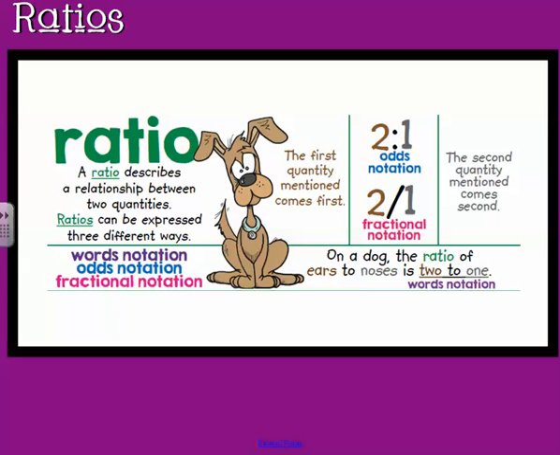This is called odds notation. As fractional notation, I would write 2 over 1. And in words, I would write out the words 2 to 1, T-W-O, T-O, O-N-E. Notice that when we talked about ears to noses, we mentioned the number of ears first in the ratio and then the number of noses.